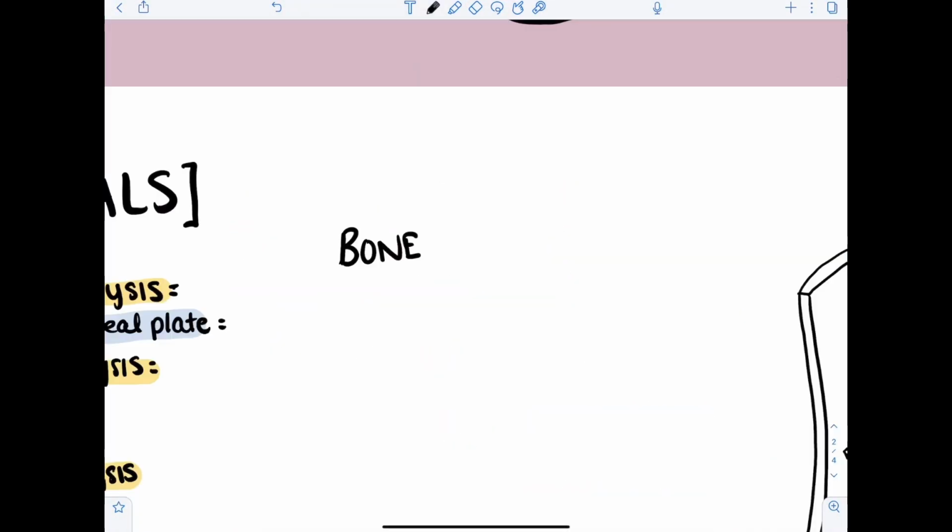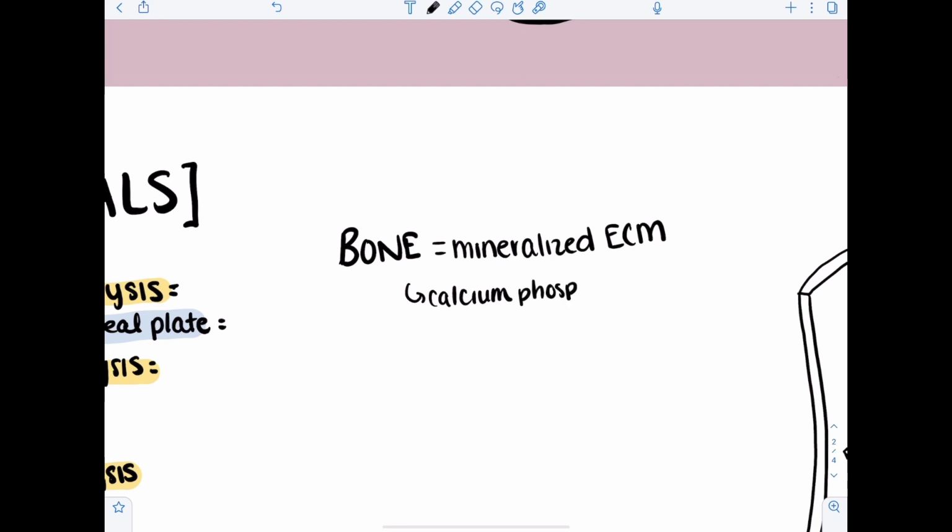Bone is mineralized extracellular matrix. This mineralized extracellular matrix is usually made up of calcium phosphate in the form of hydroxyapatite crystals. You don't need to know exactly that for my class.